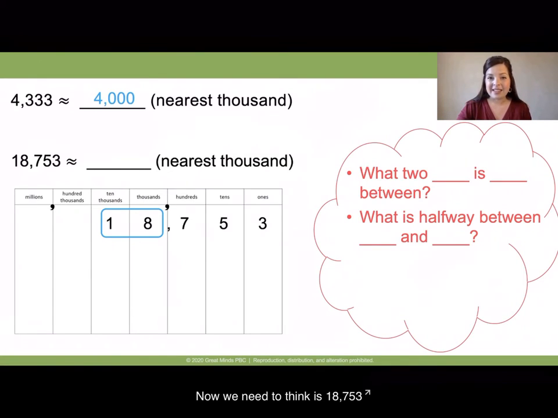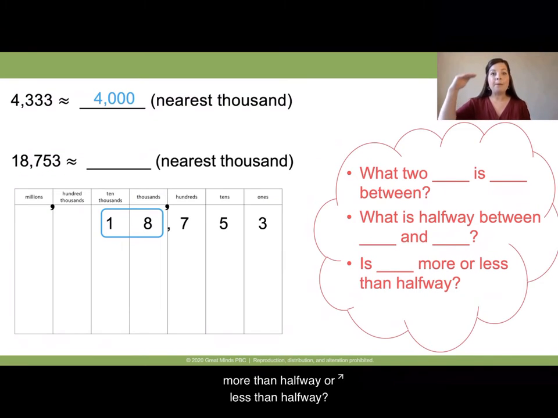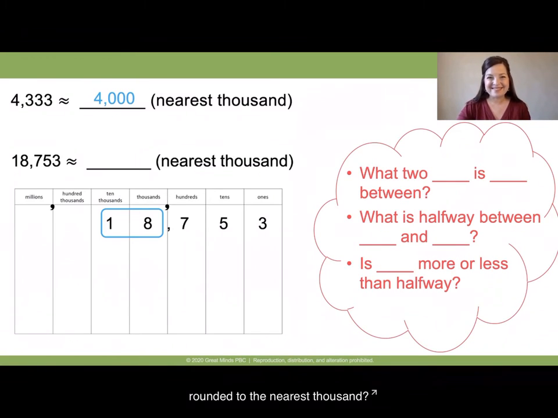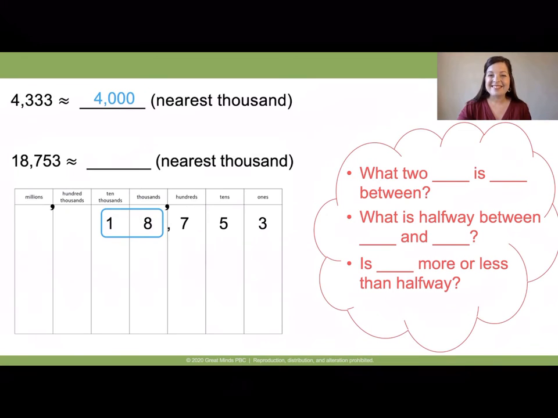Now we need to think, is 18,753 more than halfway or less than halfway? 18,753 is more than halfway. It's greater than that midpoint. So what is 18,753 rounded to the nearest thousand? It's 19,000.